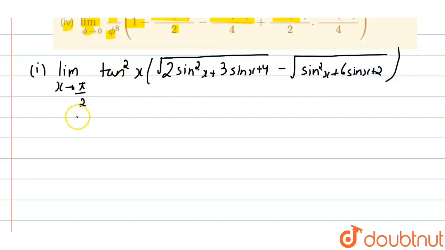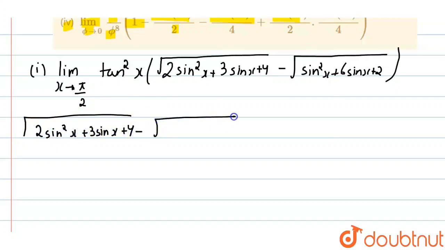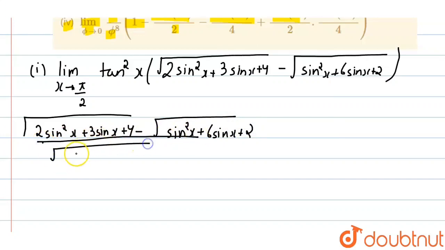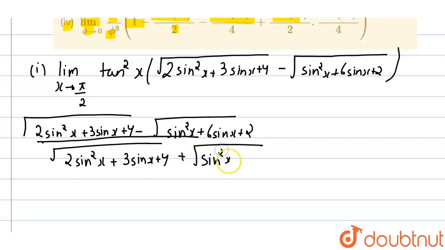On rationalizing, we are rationalizing it by under root 2 sin squared x plus 3 sin x plus 4 plus under root sin squared x plus 6 sin x plus 2, and multiplying it in the numerator as well.